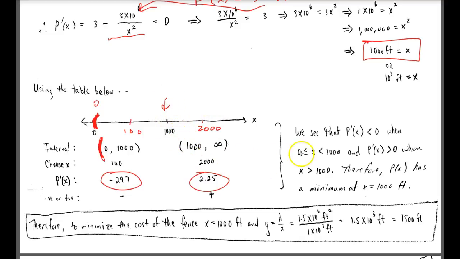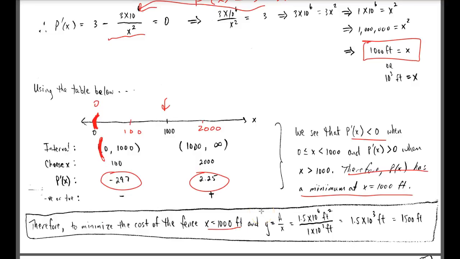So we have a global minimum at x equals 1,000 feet. Therefore, to minimize the cost, x is going to have to be 1,000 feet.